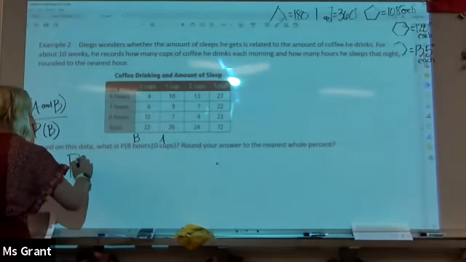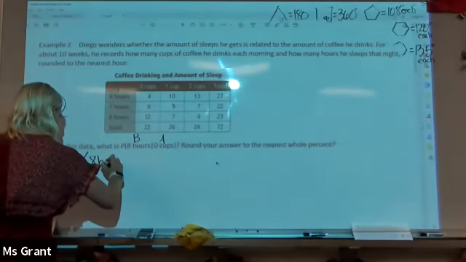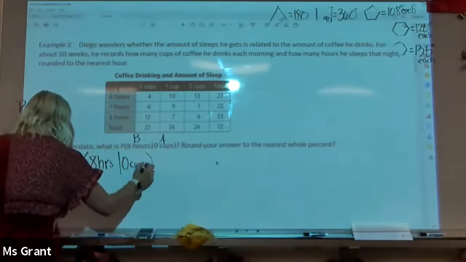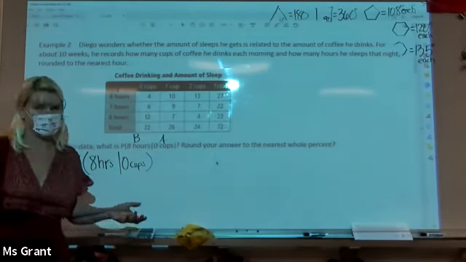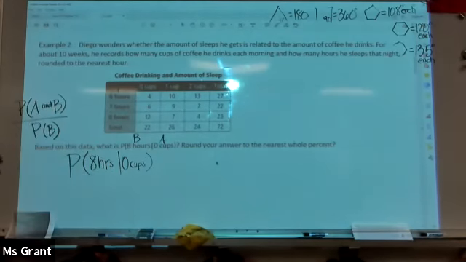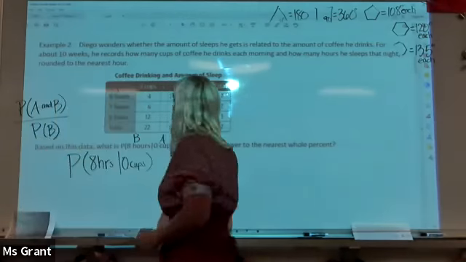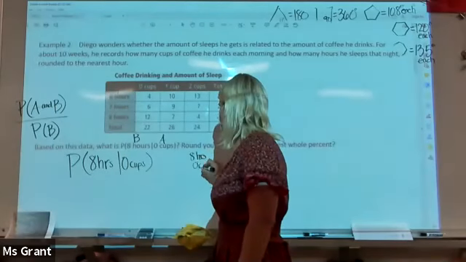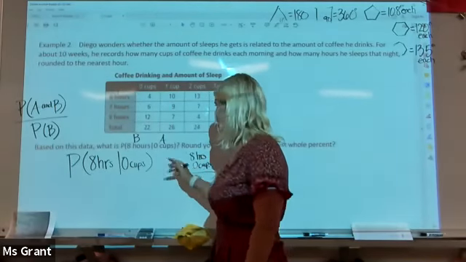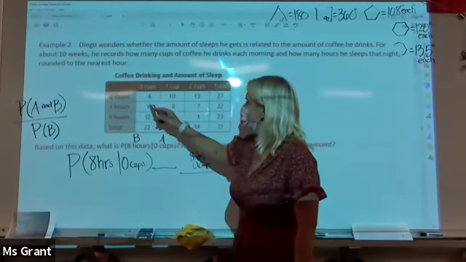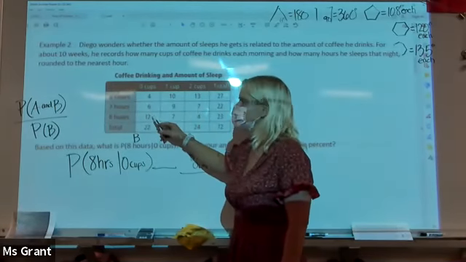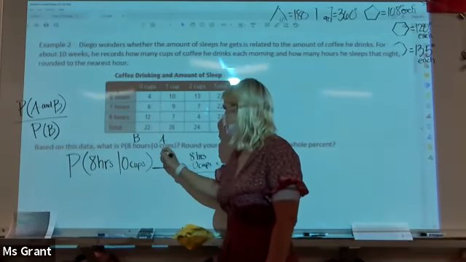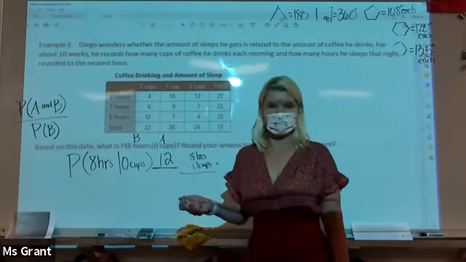So I want to know the fraction. This probability is going to be how many 8 hours and 0 cups. That's going to be my numerator. How many? 8 hours, 0 cup. How many times did that occur on your chart? Easy, right? You just look at the number. 12 times.